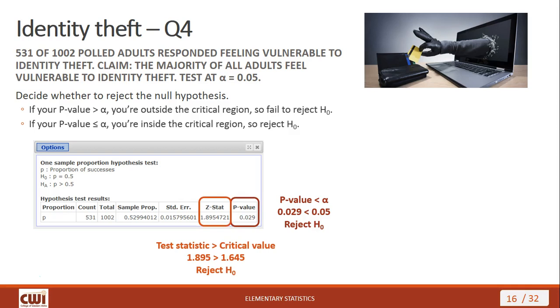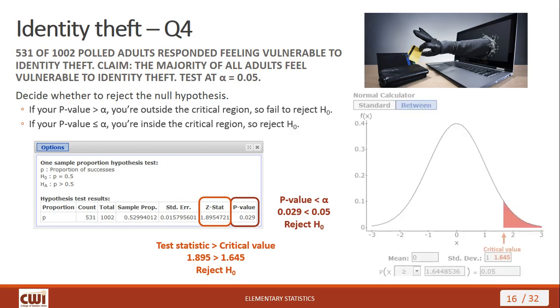Alternatively, we can use the test statistic to evaluate. The test statistic in this case, 1.895, is greater than the critical value of 1.645. Where does the value of 1.645 come from? It comes from our normal calculator in StatCrunch. We put in our alpha level of 0.05, and then the critical value is that horizontal value which provides the boundary for the critical region.